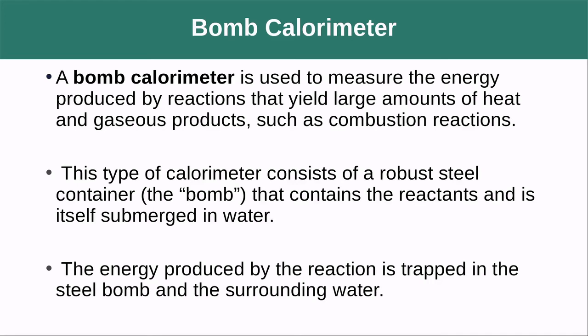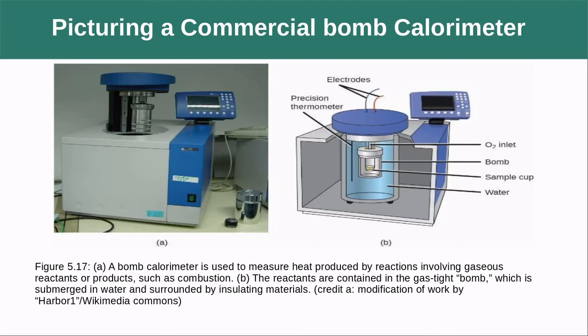Basically, we're going to take a vessel that they call a bomb. It's usually made out of very thick metal alloys, very tough little guys. And we're going to charge that up with a whole bunch of oxygen. Something like 25 atmospheres typically of oxygen would go into these little bombs, okay?